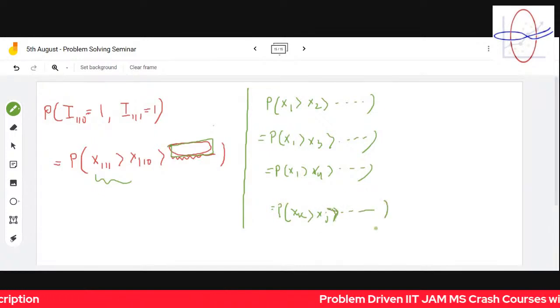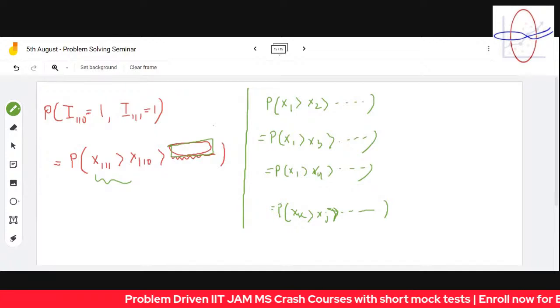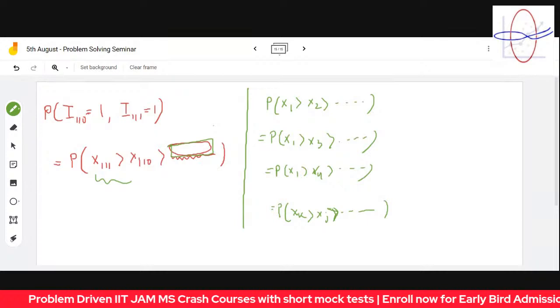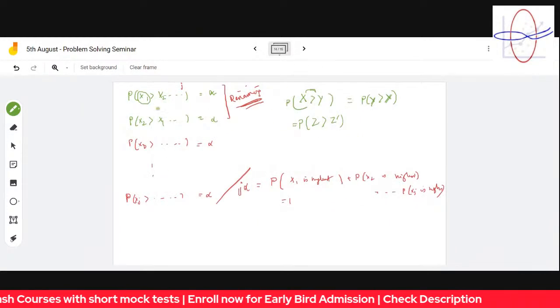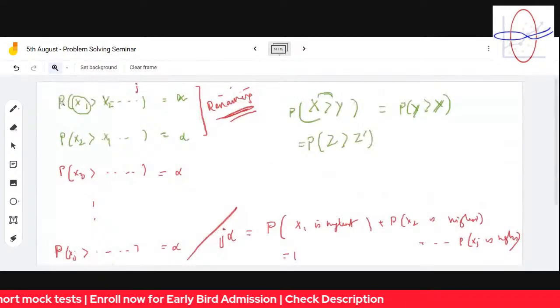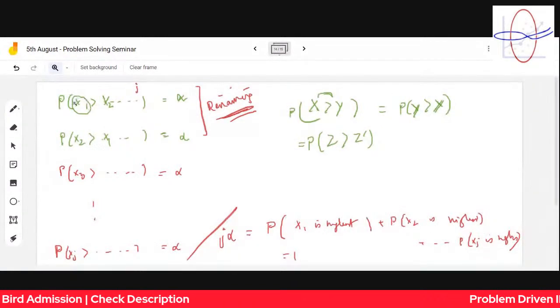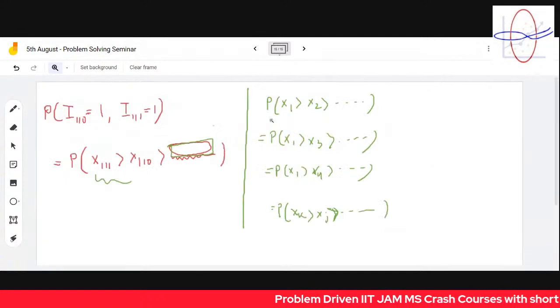So I have a doubt. Sure, go ahead, Sneha. Sir, isn't it the case which we were considering before, like for alpha, probability x is greater than everything else? No, look, for alpha only one is greater, one is greater than all of them. But here there is another condition: one is greater than another, and that is greater than another.